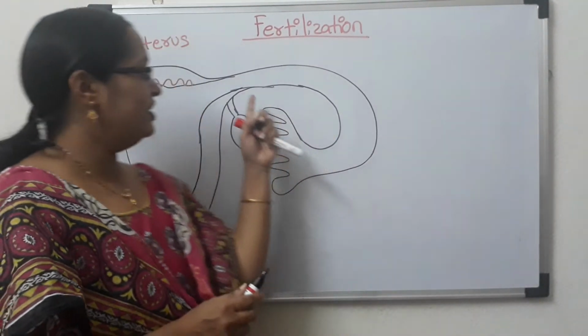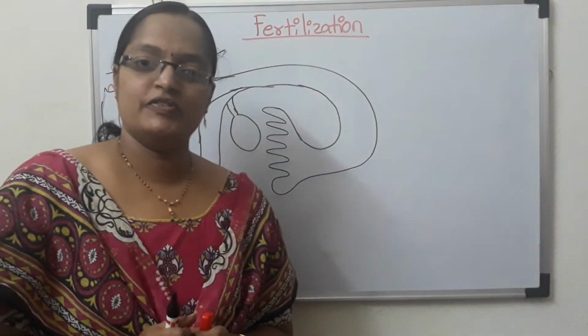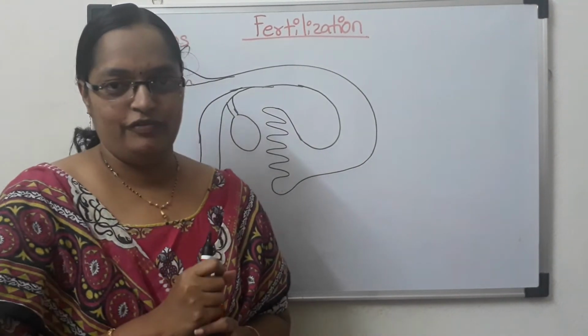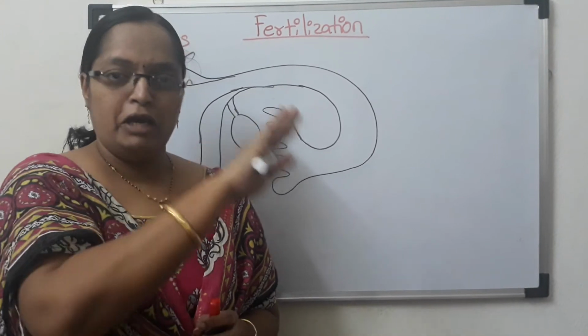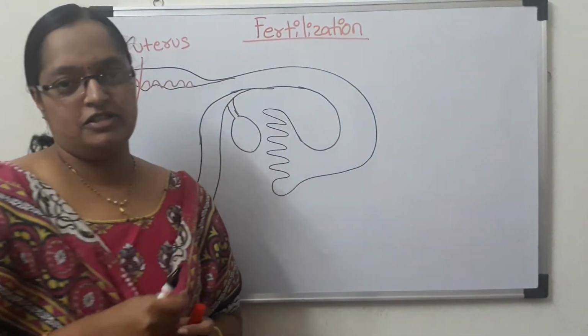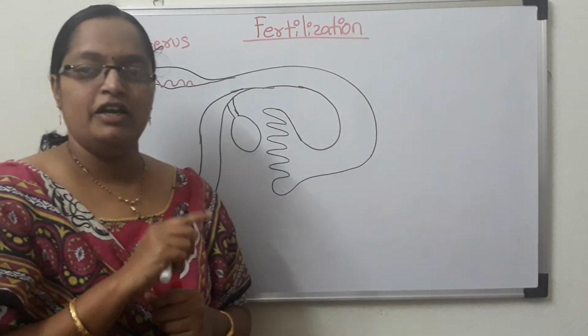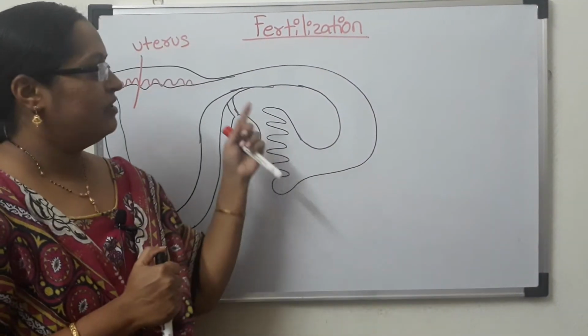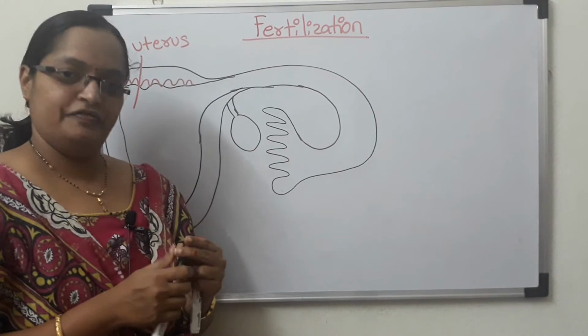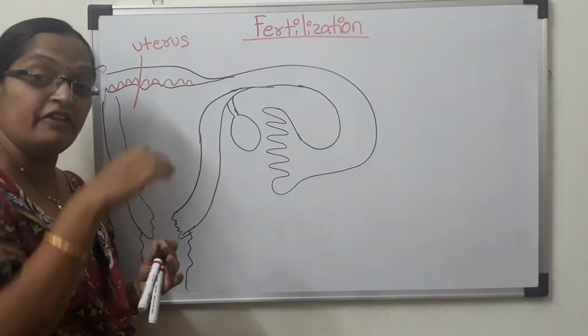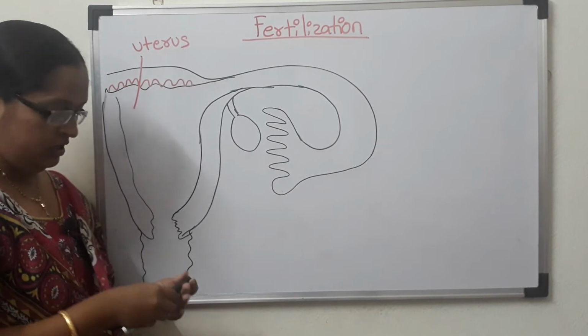Now, fertilization. What is fertilization? Fertilization is the process of fusion of male and female gametes. Now we will see in detail how it happens and where it happens.